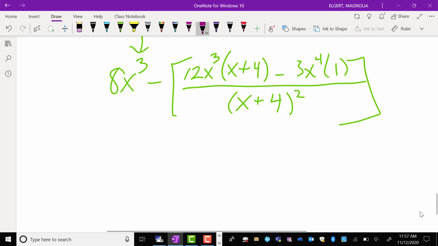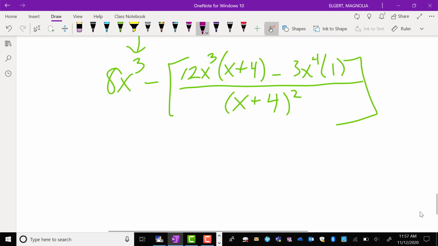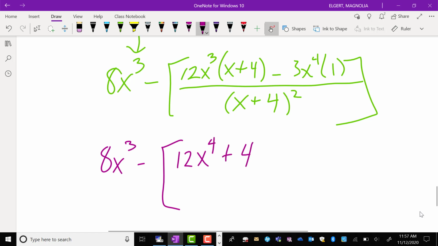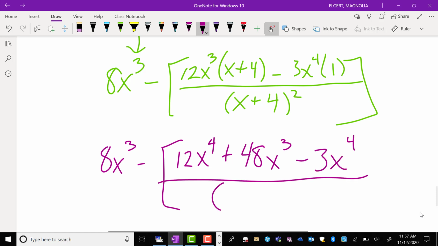This little 8x cubed can just stay there for a minute. Minus, that's going to be 12x to the fourth plus 48x cubed minus 3x to the fourth all over x plus 4 squared.